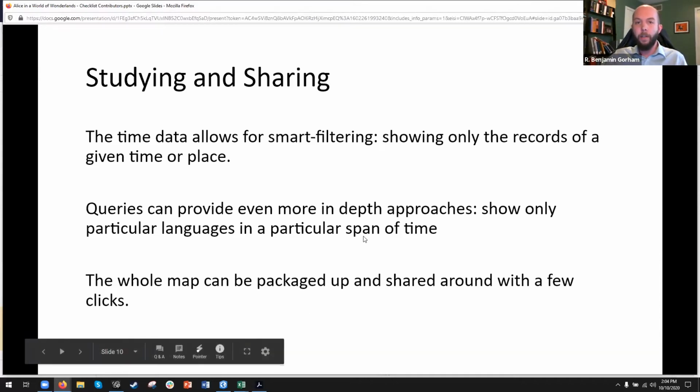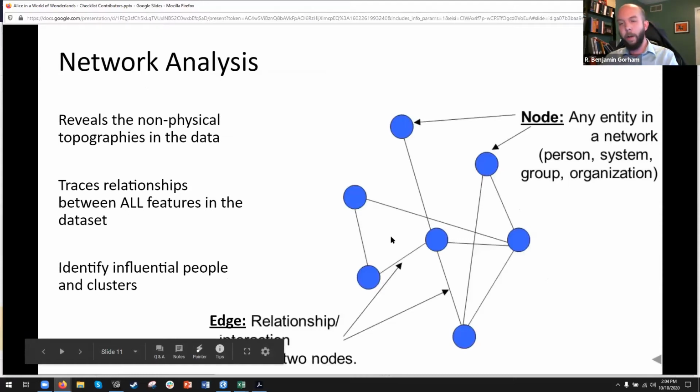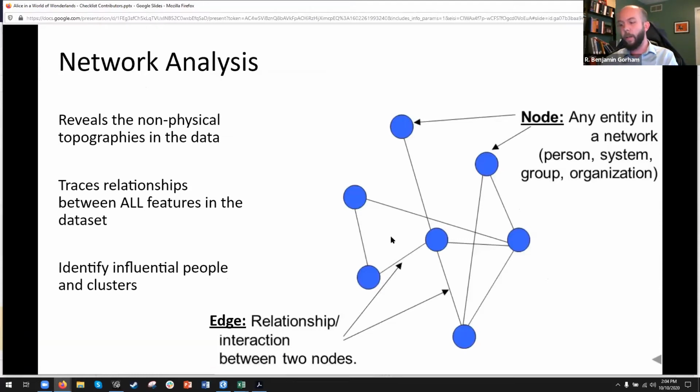And then in addition to the GIS stuff, the other option for studying the invisible topography of this data is through something called network analysis. This is a way to visualize often social networks, relationships between entities, that sort of thing.